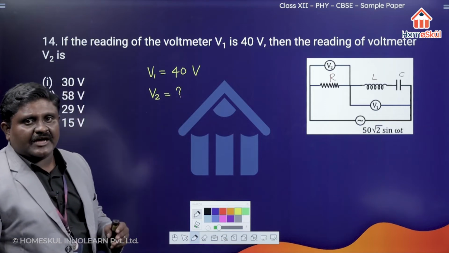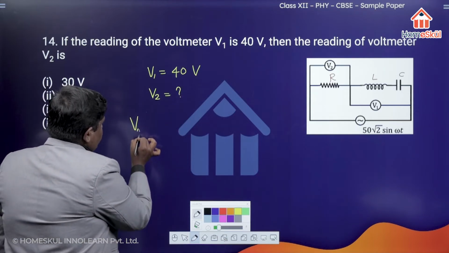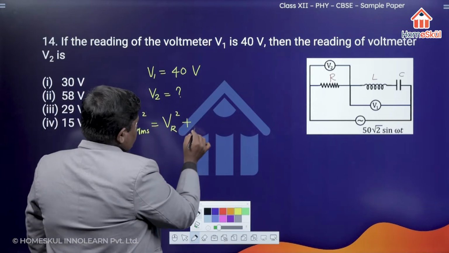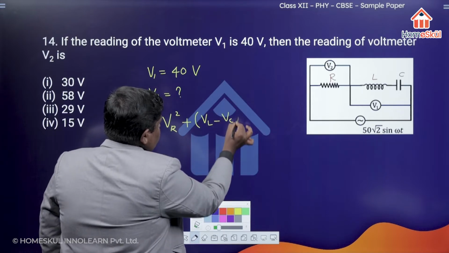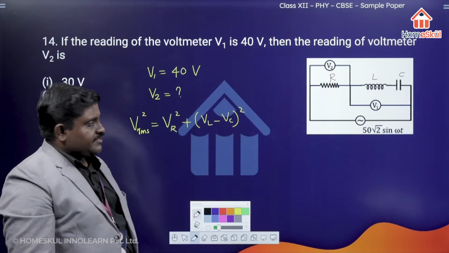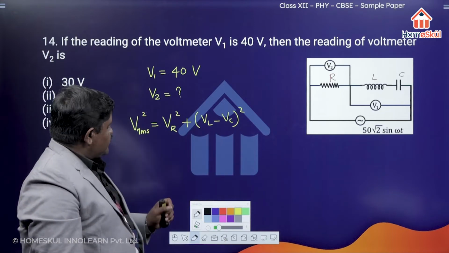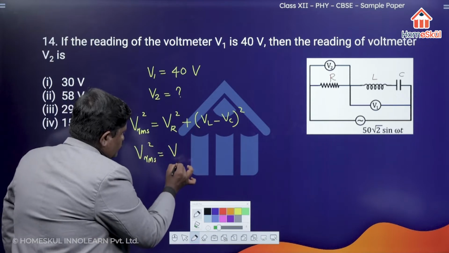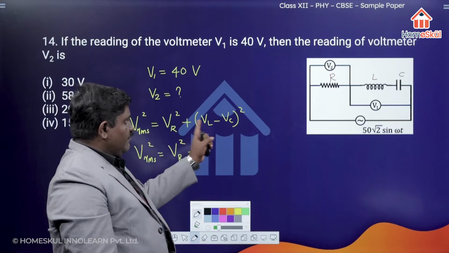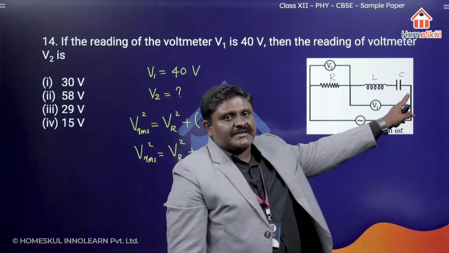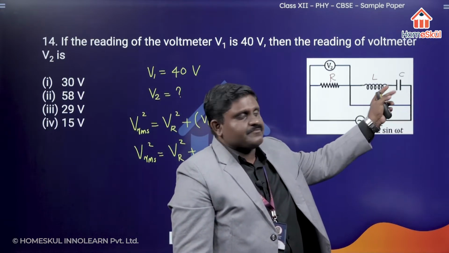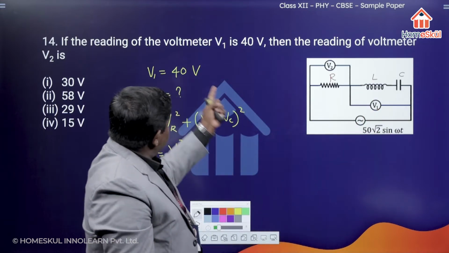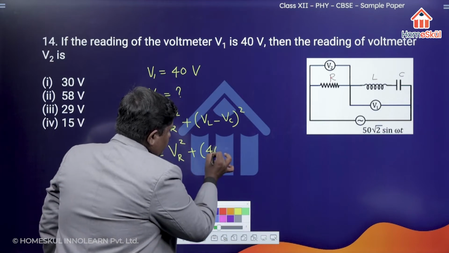Here we are going to use the equation VRMS square is equal to VR square plus VL minus VC the whole square. The difference between the voltage across the inductor and the capacitor is given by V1, which is 40, so we write 40 square.